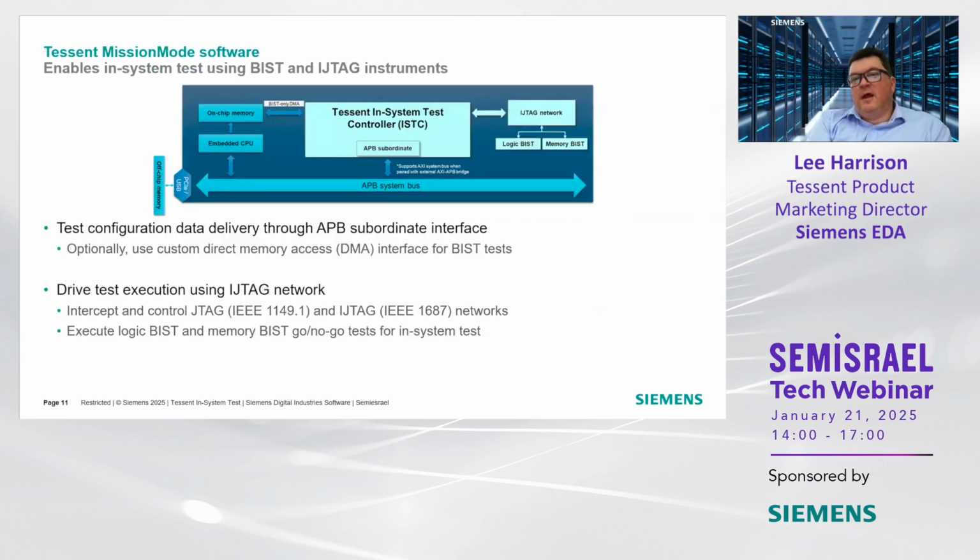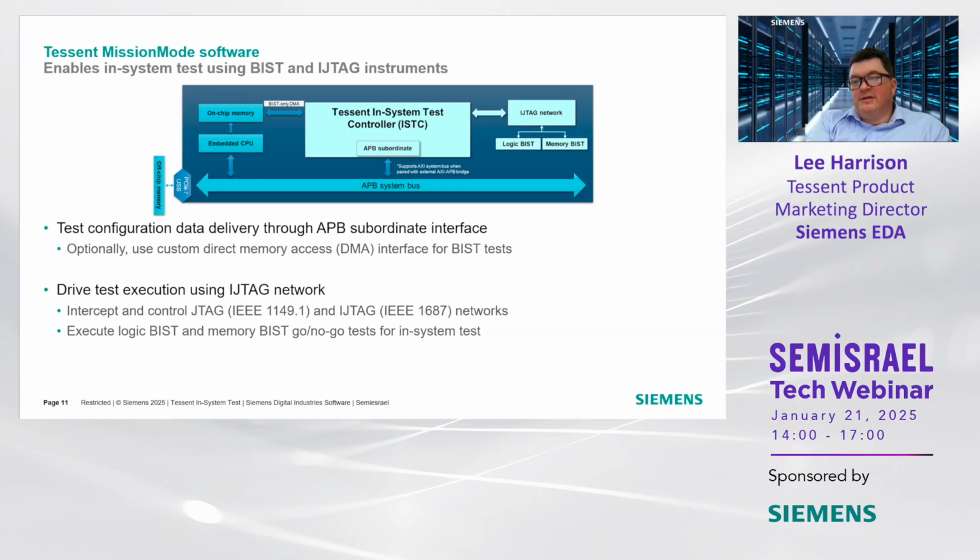So if we look at the overall product offerings from Siemens EDA and Tessent. As I said, in-system test has been around for quite some time. We've had a product out there in the market since about 2016 called MissionMode. MissionMode is our in-system test product, which enables you to effectively configure and load test data sequences for your logic BIST and memory BIST architectures, and enabling them to be able to run in system.